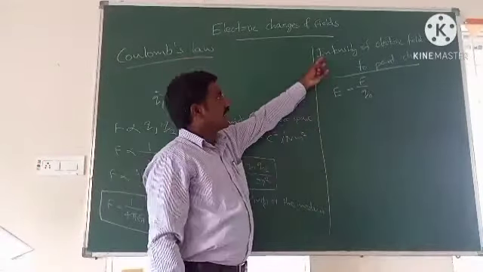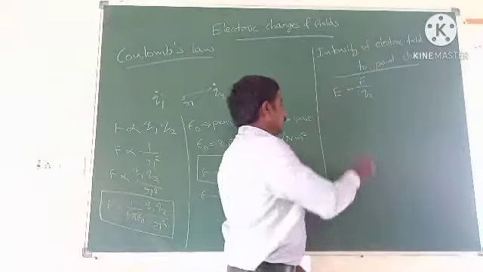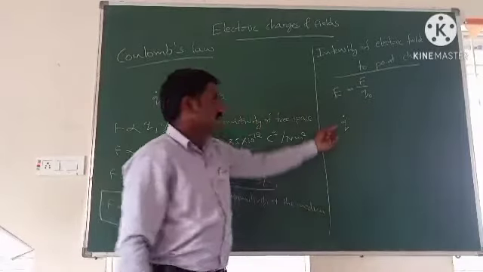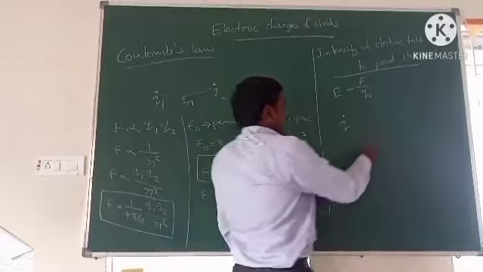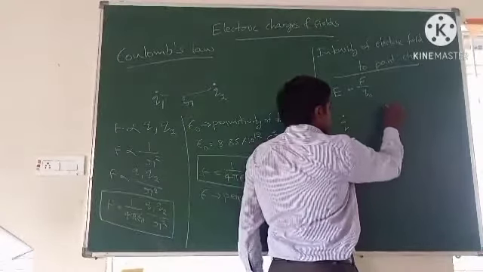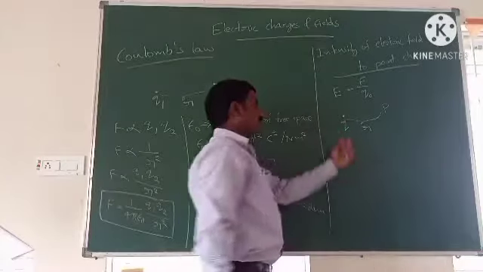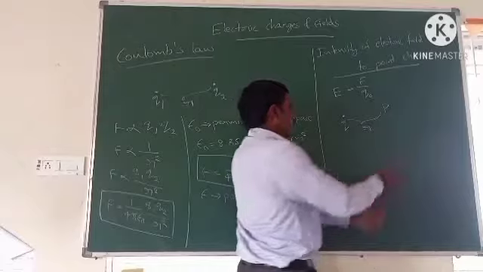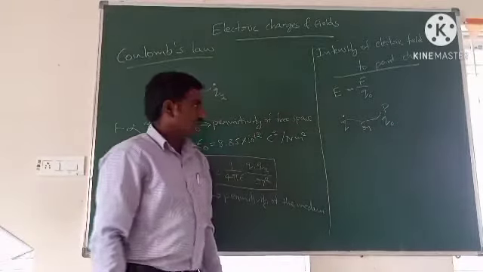So our topic is intensity of electric field due to a point charge. I consider a point charge Q, and P is a point at a distance R from the point charge Q. At this point P, I consider a unit positive charge Q0.